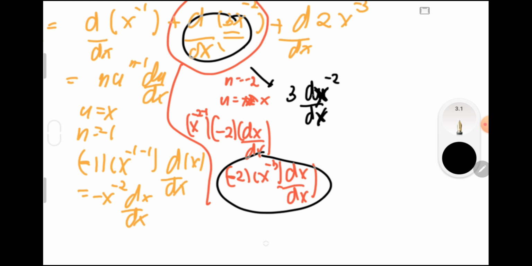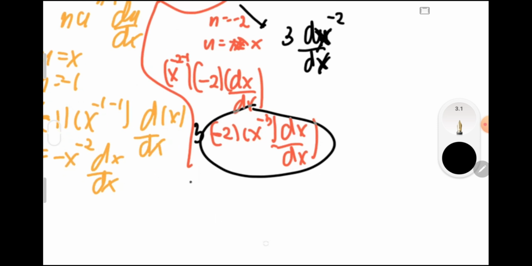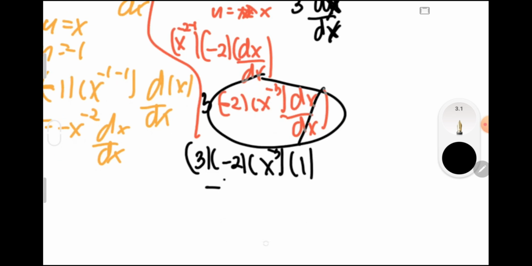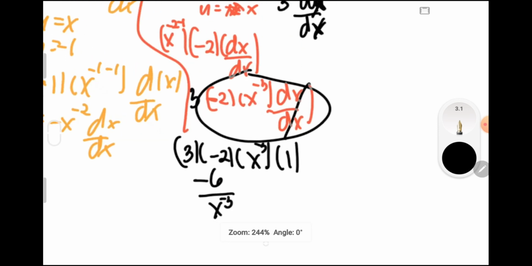Okay? And then after nyan, mag-multiply tayo ng 3 dito, we'll have a value equal to 3 multiplied by negative 2 multiplied by x raised to negative 3 multiplied by the derivative of x with respect to x, which is 1. So therefore we have negative 6 all over x raised to positive 3.